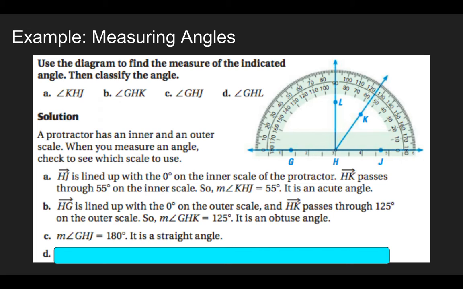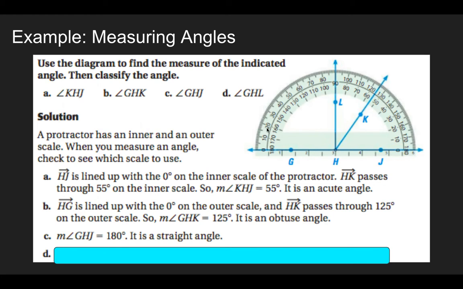Last, let's look at GHL. GHL goes from 0 on the outside to 90. Or we could look at the inside numbers and say it goes from 180 to 90.